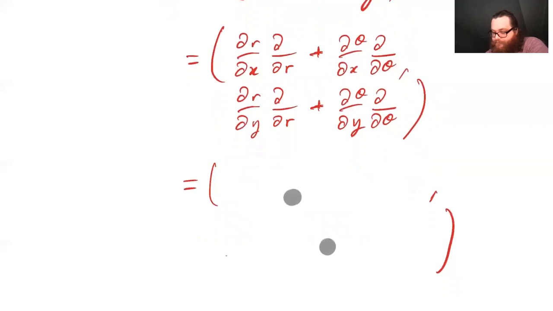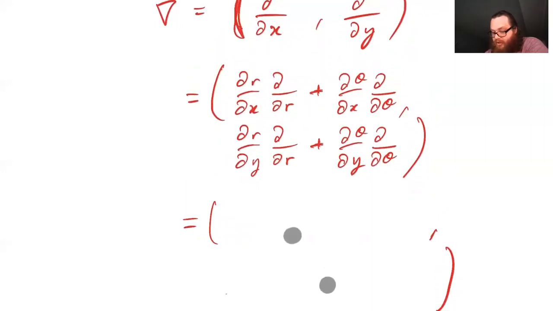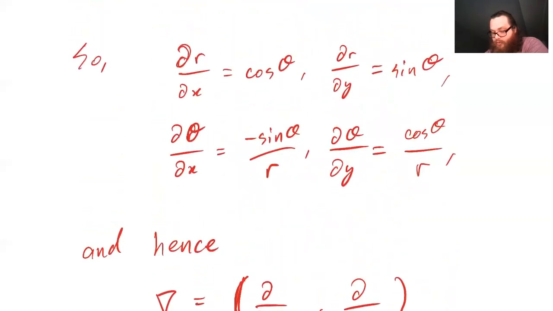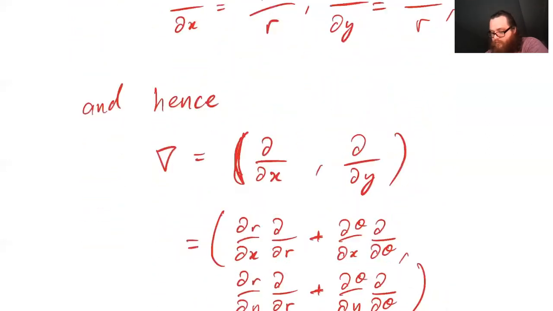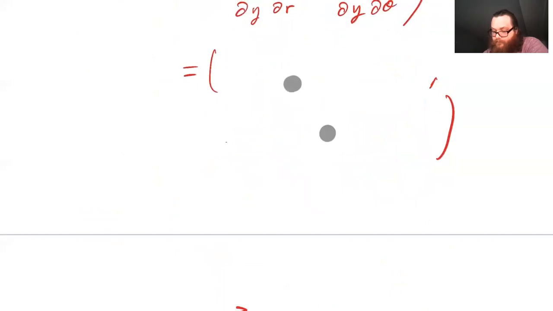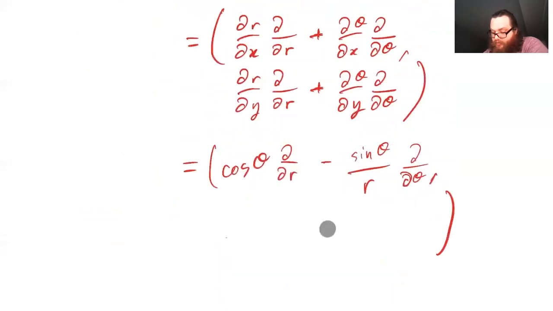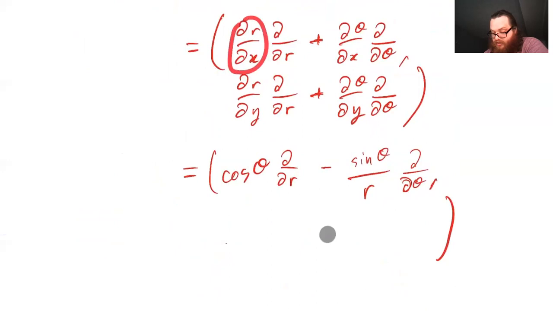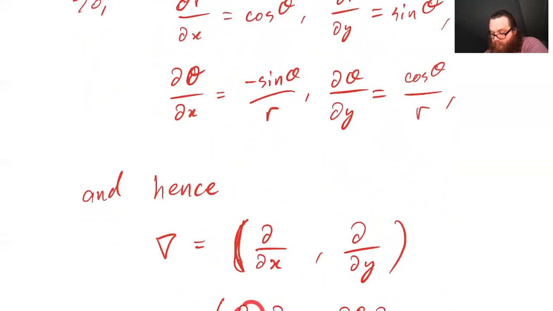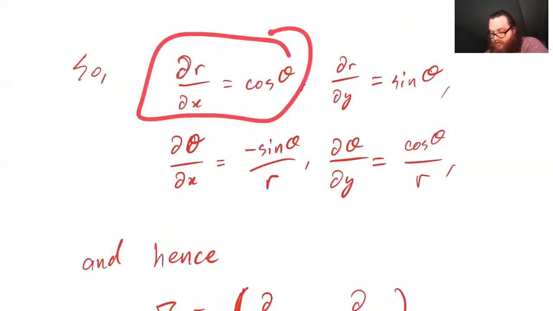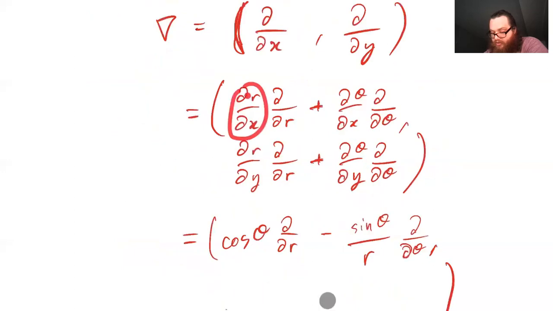Now for each of these coefficients, we plug in what was computed right here. If we recall, dr/dx was cosine theta, so we plug in cosine theta for that.